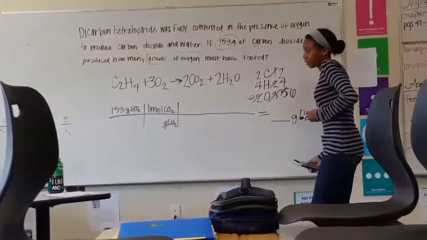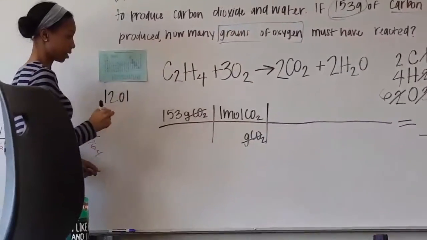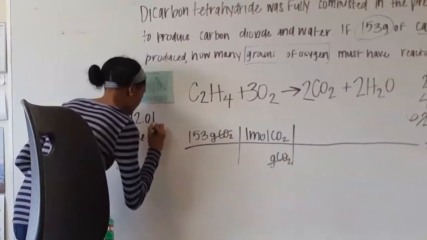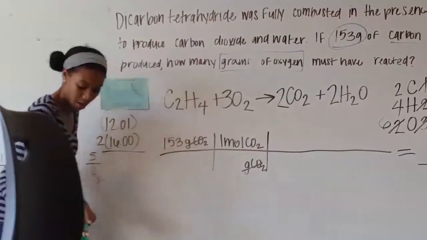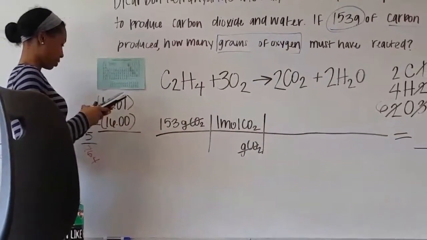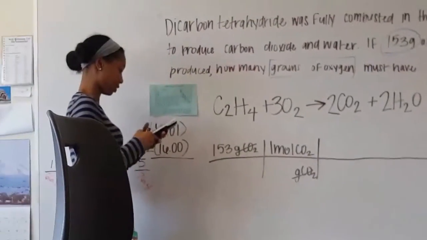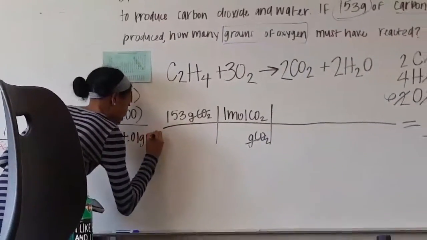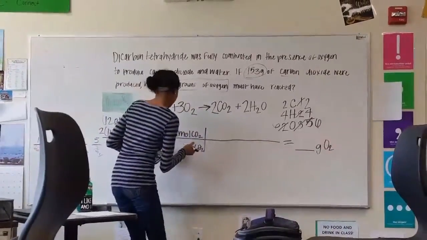So now, 1 carbon weighs 12.01, and there are 2 oxygens, and oxygen weighs 16.00 grams. So now we'll add these masses together. So 12.01 plus 2 times 16 gives you 44.01 grams of CO2. And that's what we'll put in the lower half of our math here.